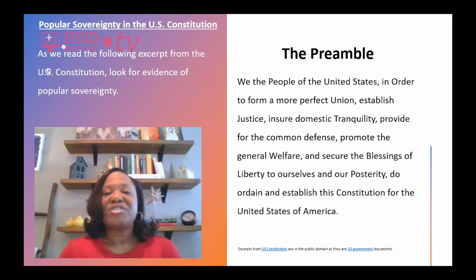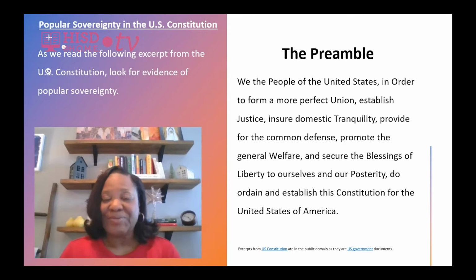So, popular sovereignty in the US Constitution. Let's look a little more at what this term really means. As we read the following excerpt from the US Constitution, I want you to look for evidence of popular sovereignty. So here we have the preamble of the Constitution.